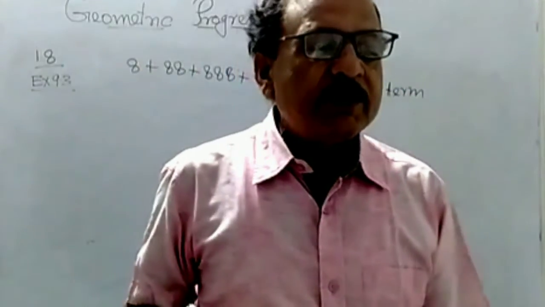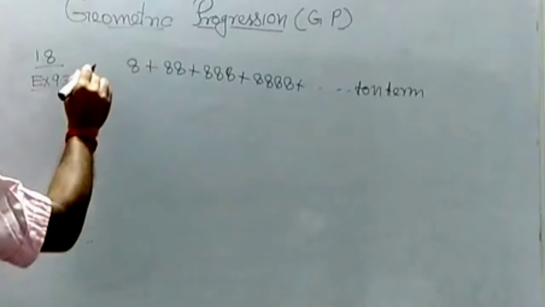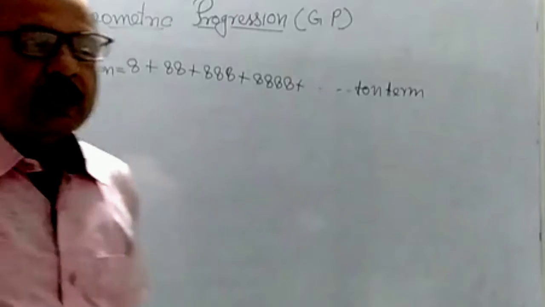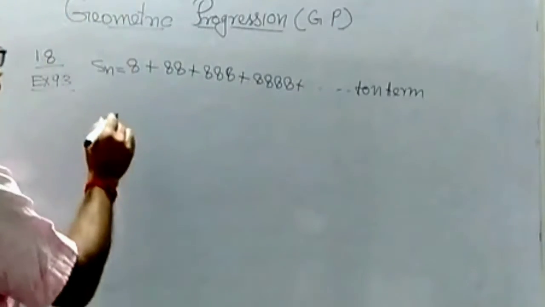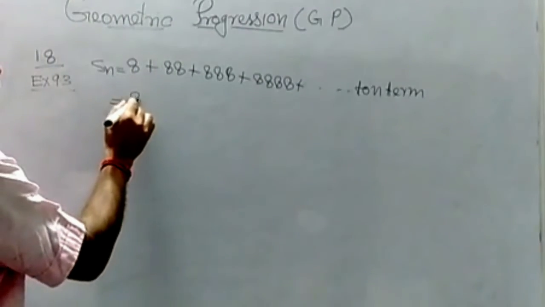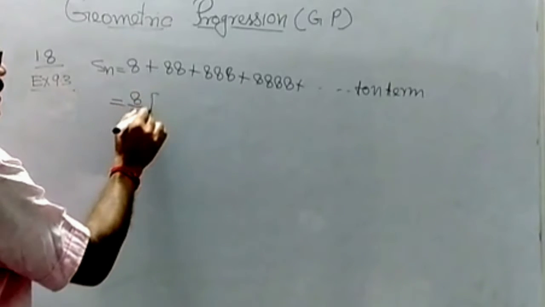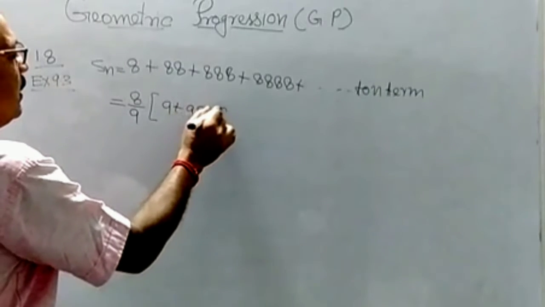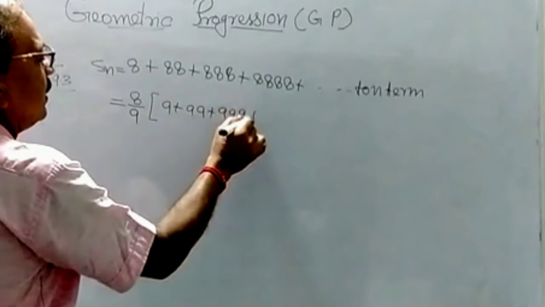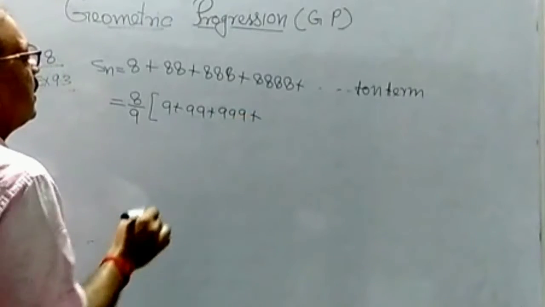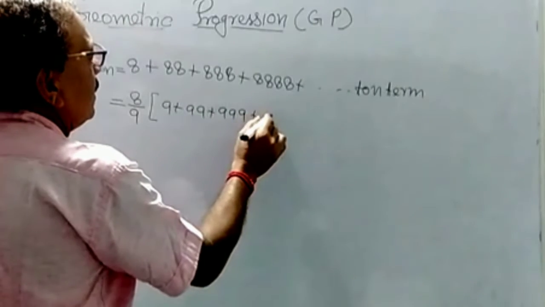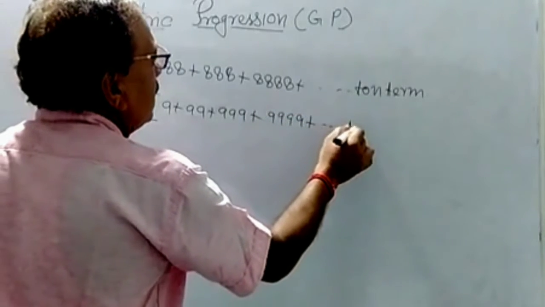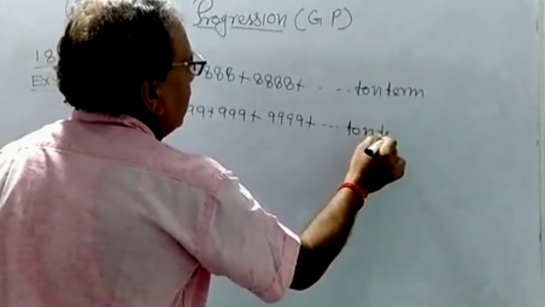To find the sum of this series Sn, now take 8 by 9 common, then you can write 9 plus 99 plus 999 plus 9999 and so on to n terms.